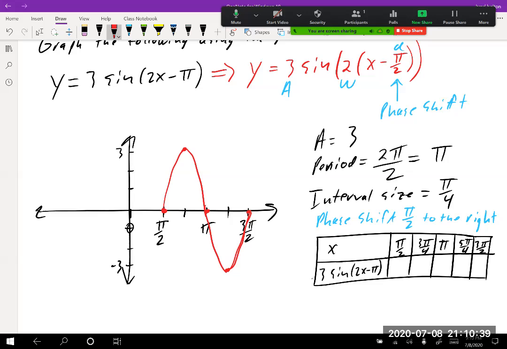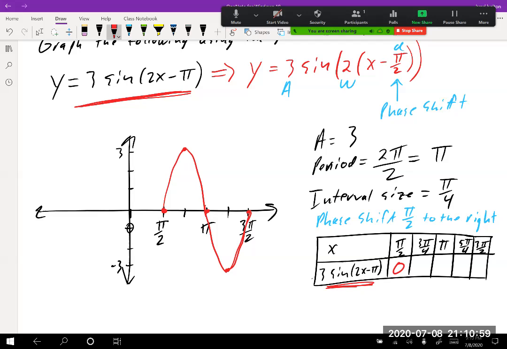So I already know the graph before I've even done anything. But I'm going to double check it with my 5-number summary, or my 5 key x values. So when I put pi halves into there, that becomes 2 times pi halves, which is pi, and pi minus pi is 0. Sine of 0 is 0.